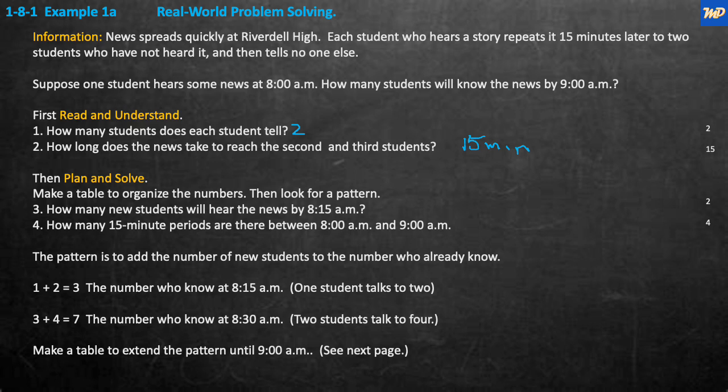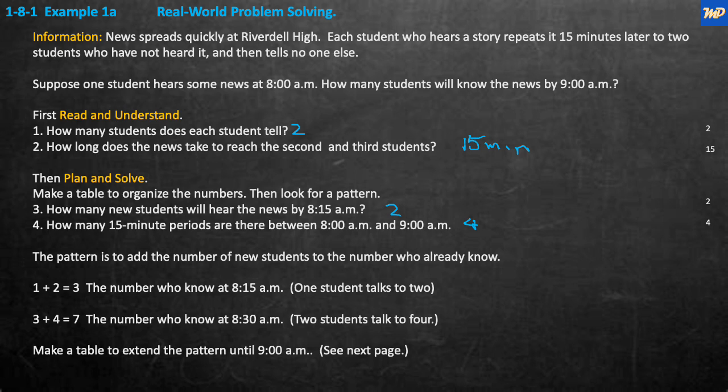So by 8:15 a.m., two new students are going to know the news. How many 15-minute periods are there from 8 a.m. to 9 a.m.? Well, we get 8:15, 8:30, 8:45, and 9. So there are 4 15-minute periods.